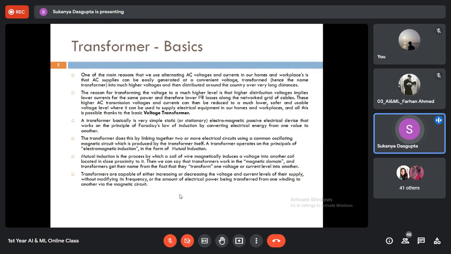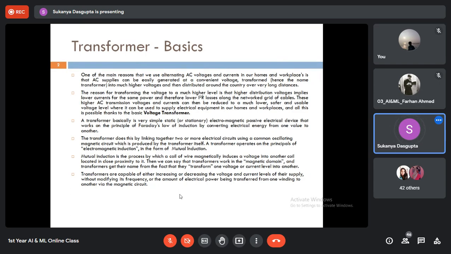Whatever voltage is supplied to the primary side will generate the supplied current. But the amount of power, which is just the product of voltage and current, will remain the same at the secondary side. Okay, so there is no change of power level. Only the voltage or current can be changed. It can be either stepped up or stepped down.